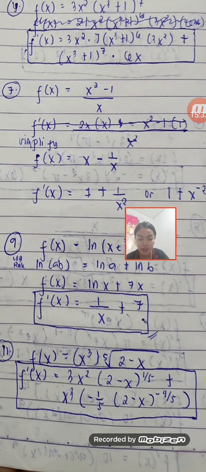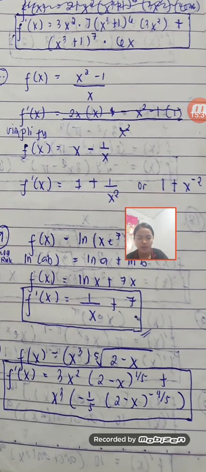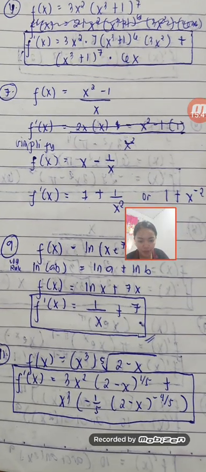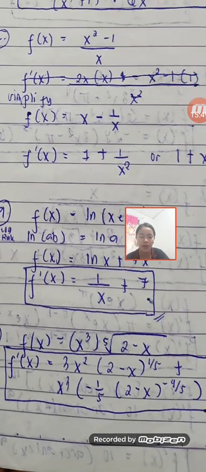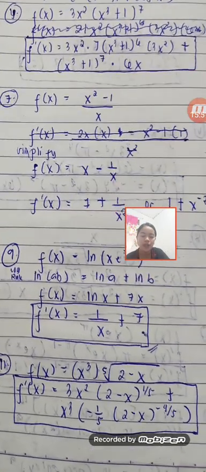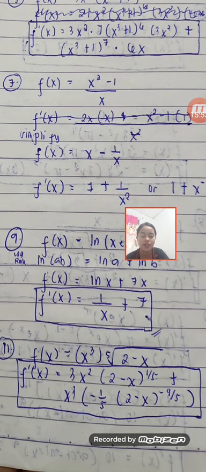Next one, we have number 11. We have here f(x) is equal to x^3 fifth root of 2 minus x. In this part, we just need to use the product rule. Our u here is x^3 and our v is the fifth root. According to the product rule, you have the derivative of the first function multiplied by the second function.